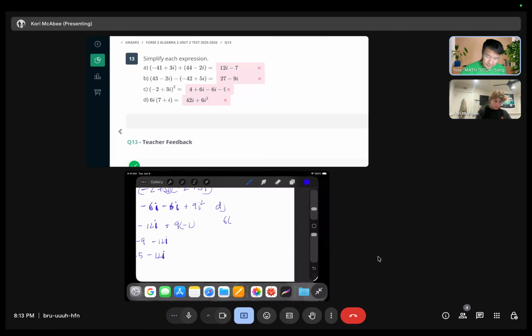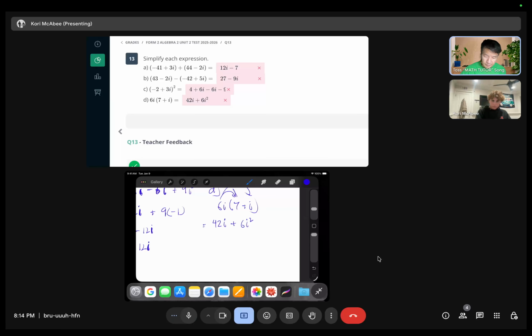Okay, D, last part of this one. You distribute. Let me copy the original in this case. Distribute this there. So it'd be 42i plus 6i squared.